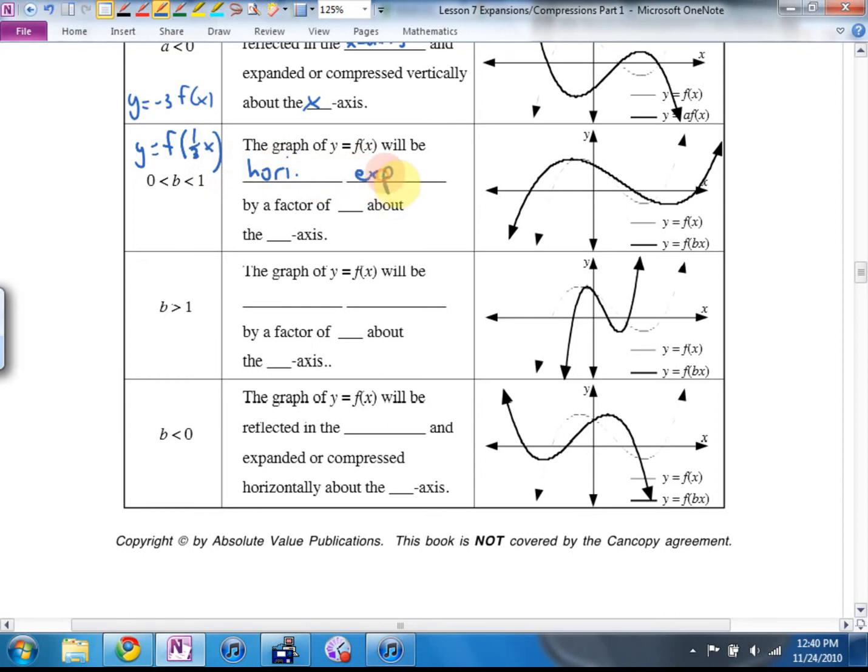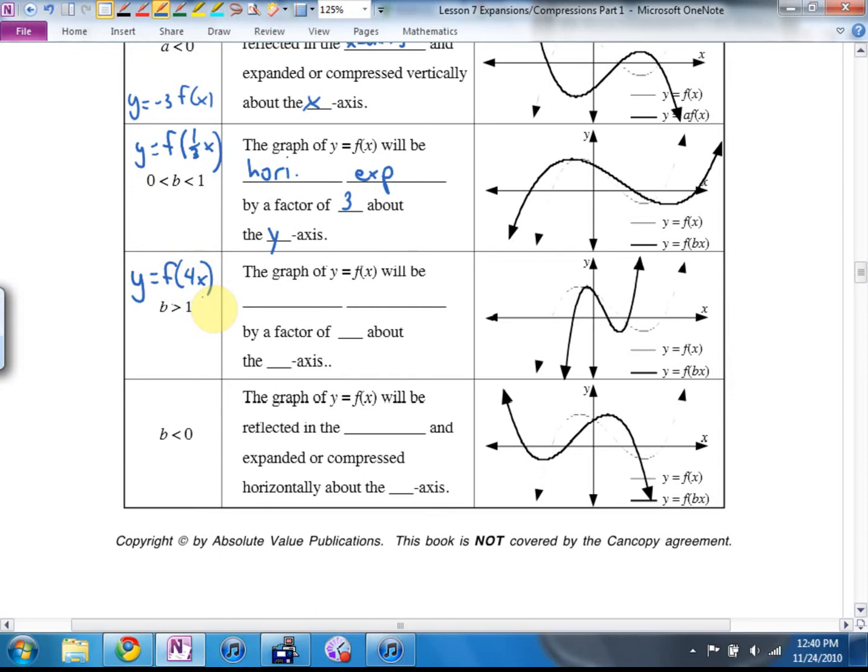And we'll generalize again, Martin, after I do these two examples. We'll do our generic one. And when you're stretching horizontally, you're stretching about the y-axis. What if b is bigger than 1? For example, y equals f of 4x. Kellen, horizontal or vertical, and how do I know?